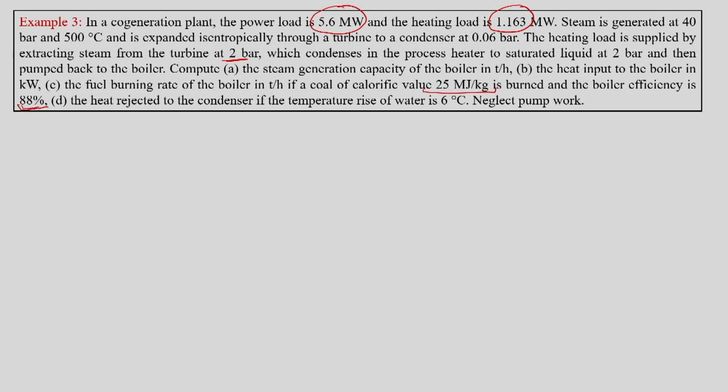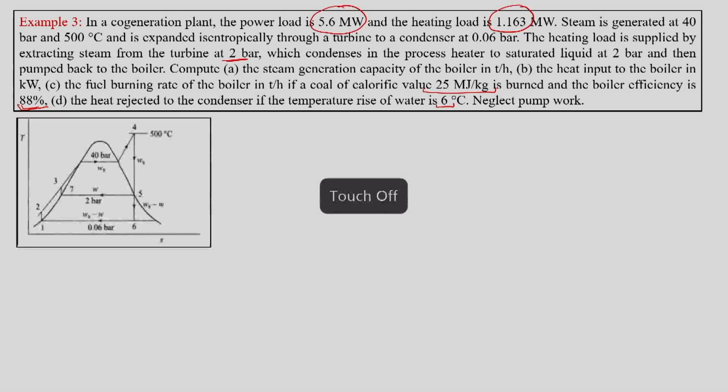So, not all the fuel burnt is going to give the enthalpy rise for the steam, only 88% of the energy liberated from the process of combustion or fuel burning will be used to raise the enthalpy of the steam. And then we are supposed to find out the heat rejected in the condenser if the change in temperature of the cooling water is 6 degree Celsius.